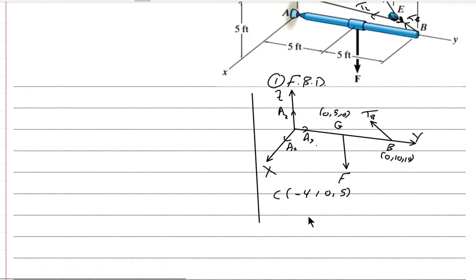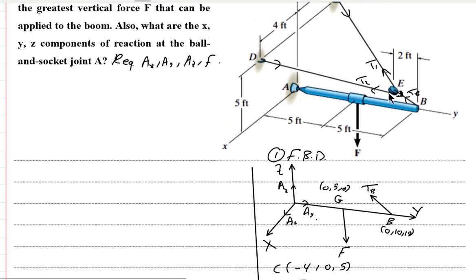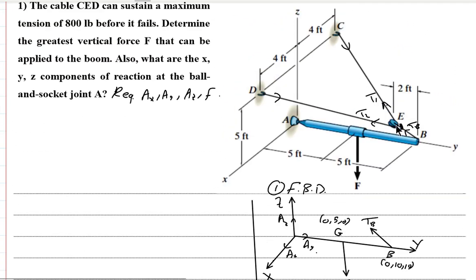So the X coordinate of E is 0, Y coordinate of E is 8, but the problem is in its Z coordinate. If you complete BE here, if you complete this line, you will reach this point, right? So look at this triangle, please. BA is 10 feet and A to this point is just 5 feet.